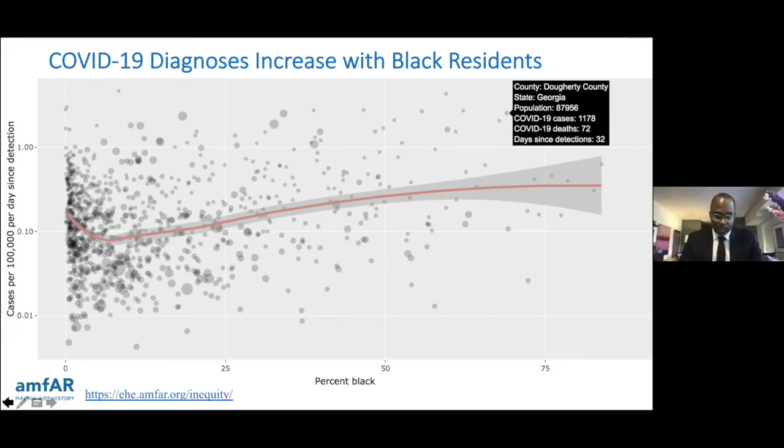I appreciate both of those questions, and you're certainly right that we do see a concentration in the Black Belt. If you go to this website here, the URL here, this is an interactive chart. I was just showing one point here in Dougherty, but actually when you get out closer to here, where we're getting to greater than 70% of the counties being African American, most of those counties are actually located in the Black Belt, and quite a few of them in Mississippi.